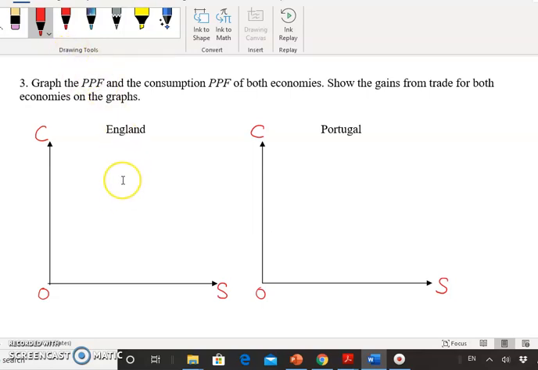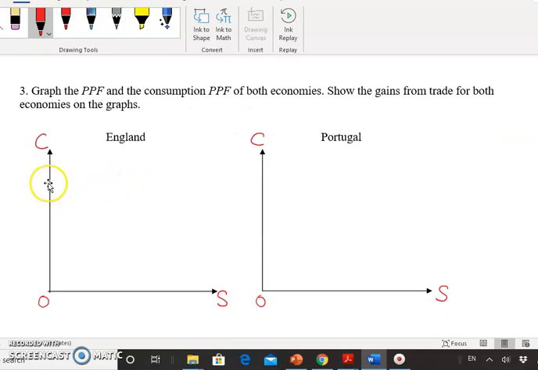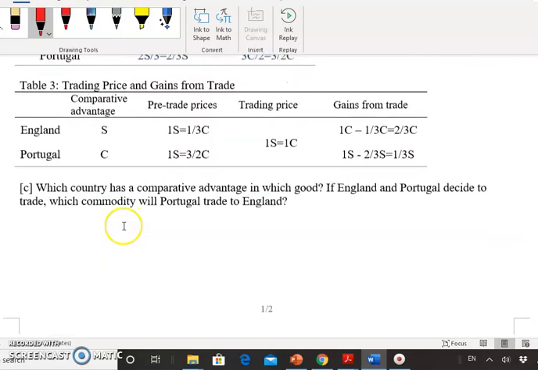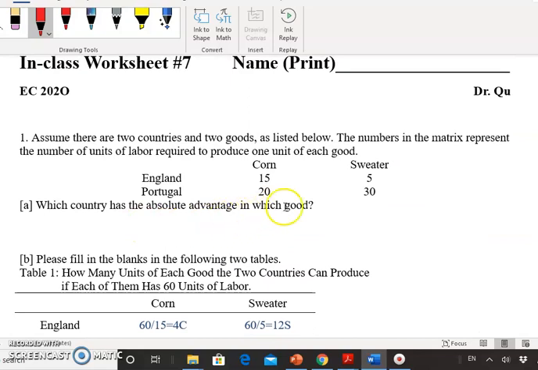For England, we still need to remember that it has 60 units of labor. The corner solution means we find the maximum amount of corn England can produce, which means it will produce 0 sweaters. That's how we find this point on the vertical axis, the maximum amount of corn. Let's go back to the question. England has 60 units of labor.